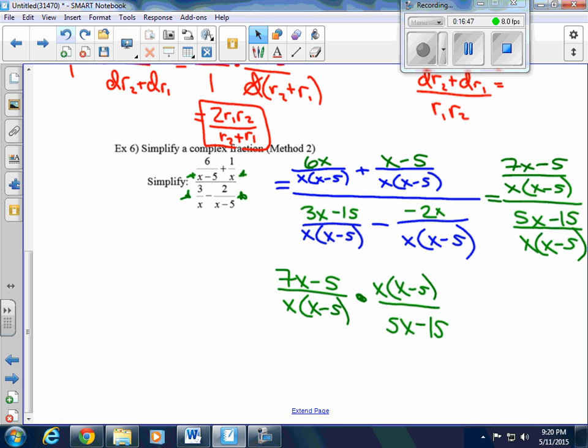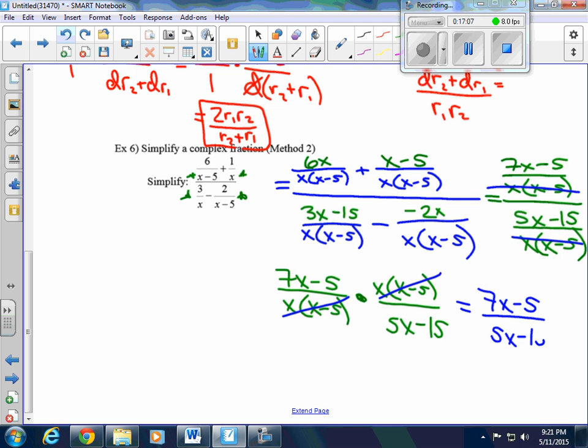And what's going to happen always is those are going to cancel out. Okay, so once we can get a common denominator, you can simply forget about it. It's gone. You don't need it anymore. And so our answer is going to end up being 7x minus 5 over the 5x minus 15. And there's nothing else that we can do with that problem.